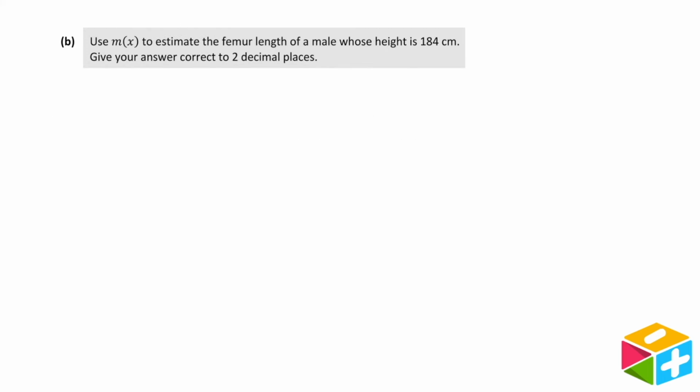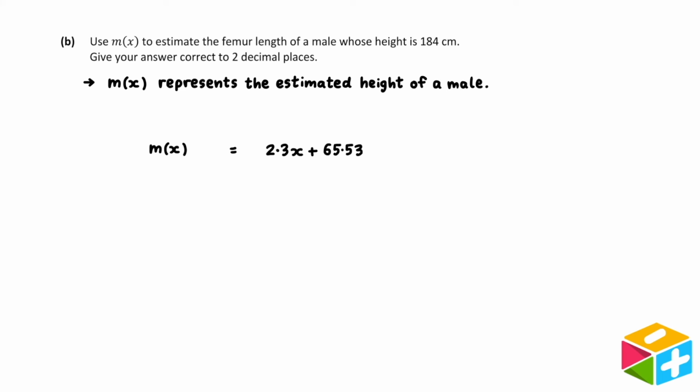Use m of x to estimate the femur length of a male whose height is 184 centimeters. Give your answer correct to 2 decimal places. Well, the function m of x is equal to 2.3x plus 65.53 represents the estimated height of a male.